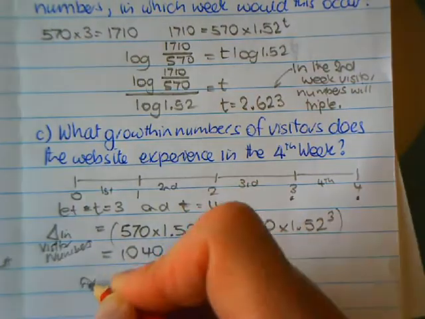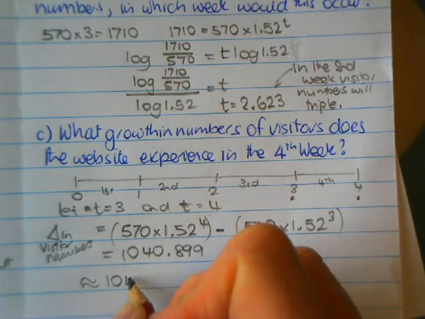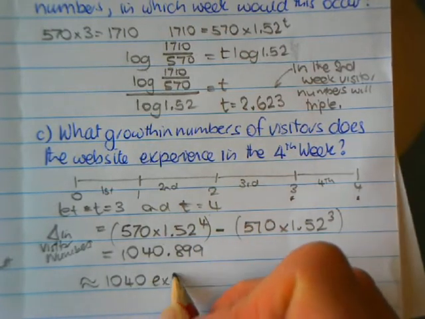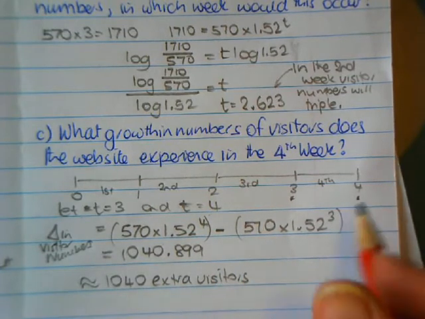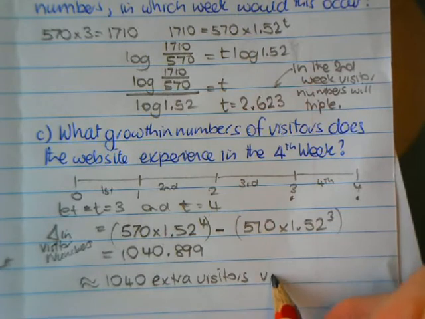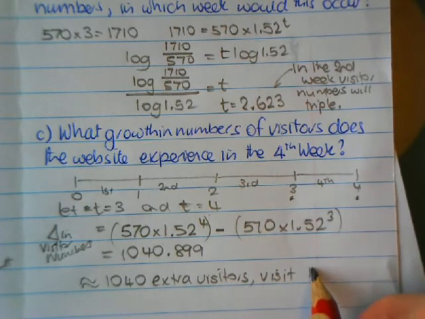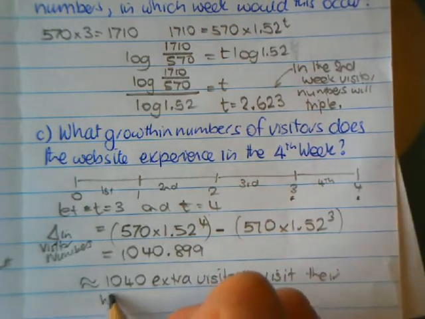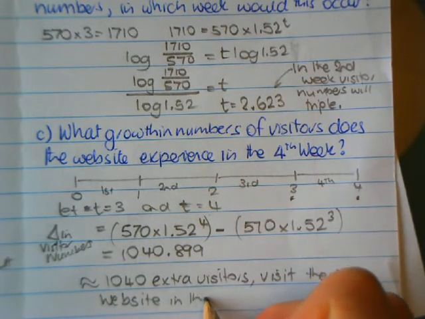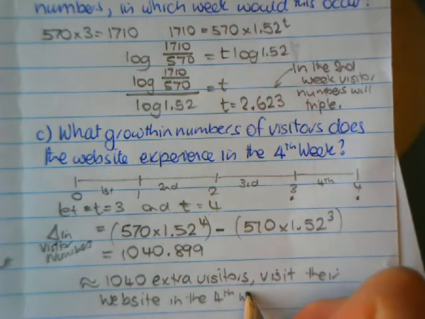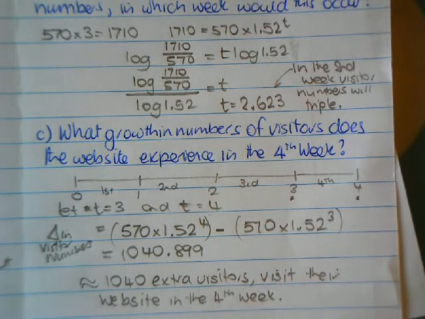And that answer there equals 1040.899. So that's basically 1,040 extra visitors visit their website in the fourth week.